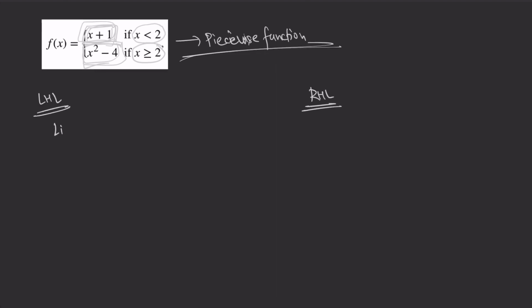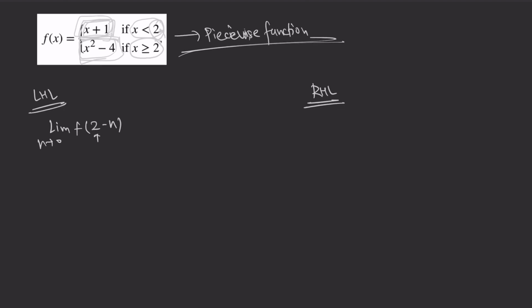So first of all, let's find the LHL. Limit h tends to 0, f of a minus h. What is a? a is 2. So 2 minus h. Now if I subtract some positive number from 2, it becomes strictly smaller than 2. So which definition will be used here? The upper one of f(x), x plus 1, because for x less than 2 this is the definition of f(x).